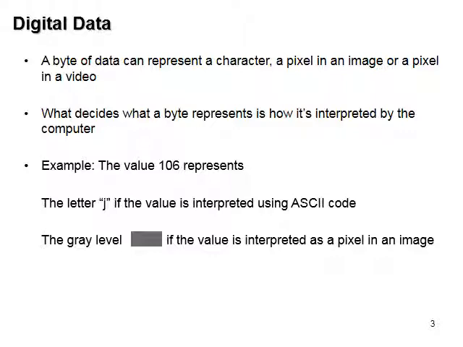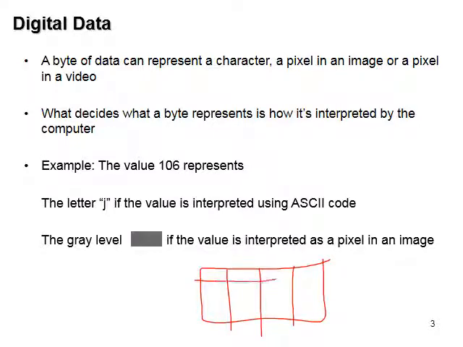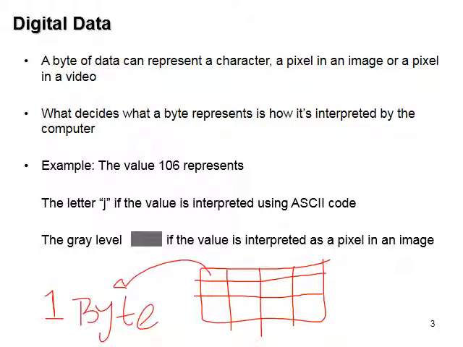Let's imagine this is an image that has 4 columns and 3 rows, just a simple example, okay? If this image is a grayscale image, then every pixel is in fact represented with 1 byte, okay? Now that 1 byte, which consists of 8 bits, the value that you have in that byte would represent the gray level of that pixel.